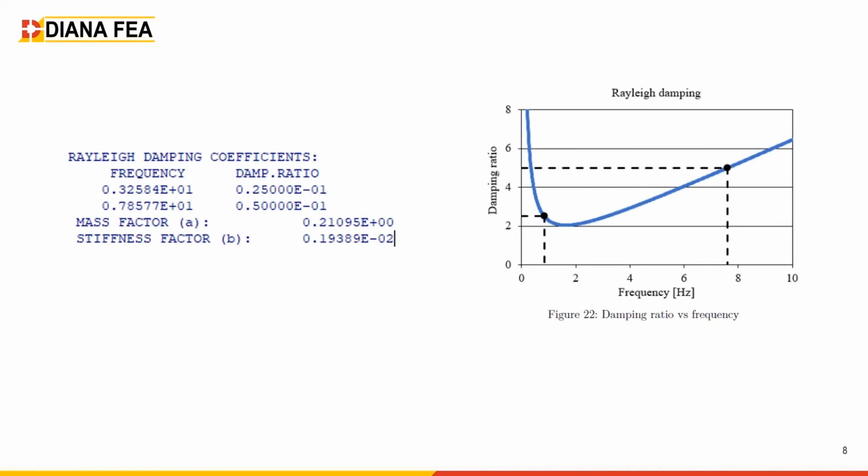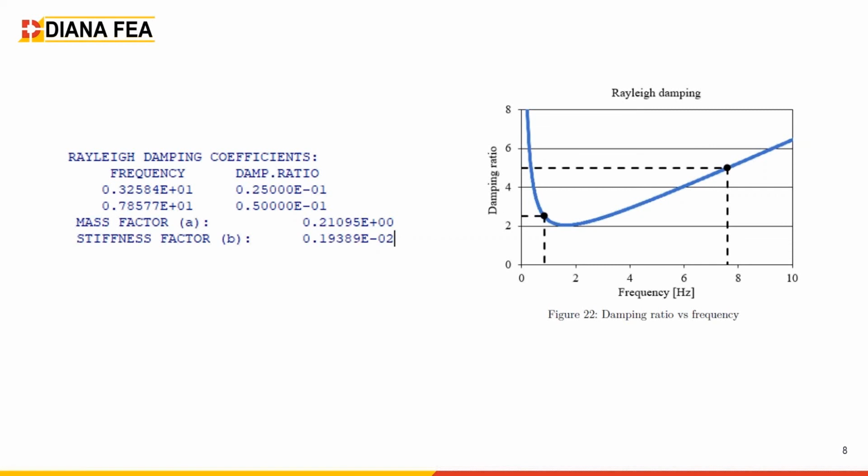But keep in mind that you can derive the Rayleigh damping of your model from the eigenvalue analysis in Diana, and you have the choice between three approaches. Today we discussed cumulative mass, but the others are available if you need to derive the Rayleigh damping parameters.